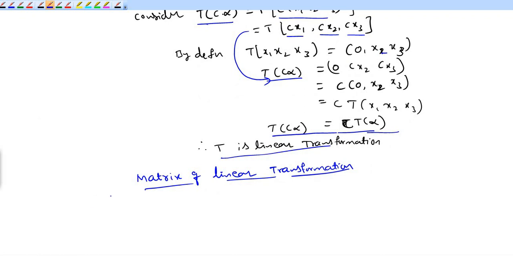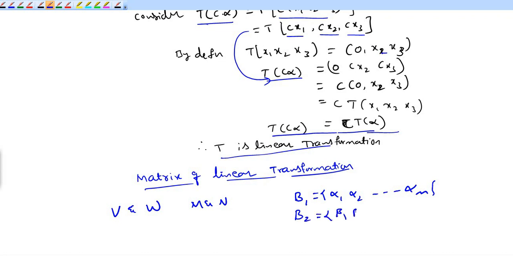Matrix of linear transformation. Suppose V and W are two vector spaces of dimension m and n respectively over the field. Then let us consider B1 is equal to alpha 1, alpha 2, etc., alpha m, and B2 is equal to beta 1, beta 2, beta 3, etc., beta n.